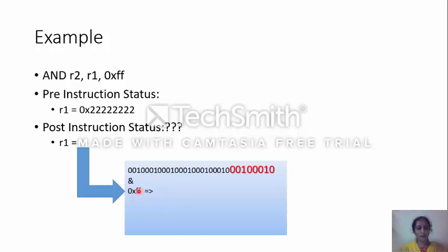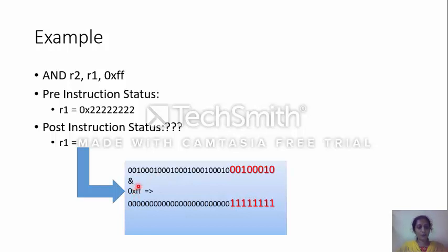In the same way, if I want to convert FF into a 32-bit number, it will be all zeros, and the last 8 bits are only 1. So when you AND this number, you can see that only these bits are preserved. All remaining bits will be masked.